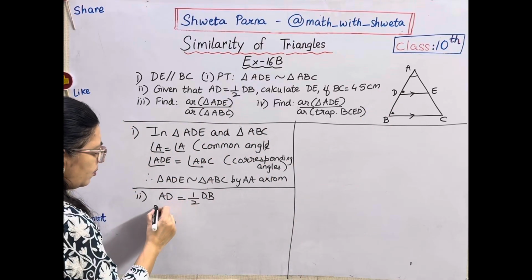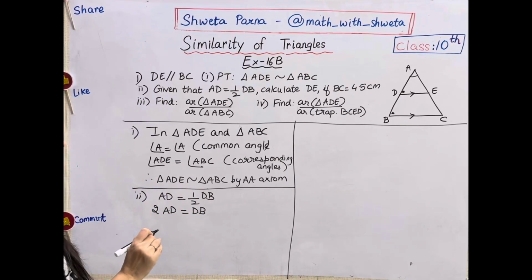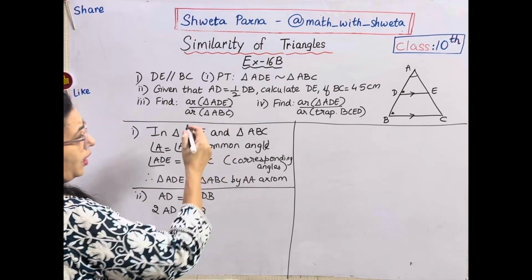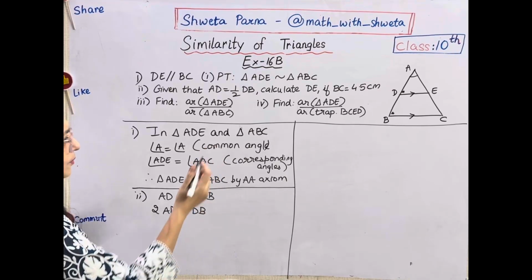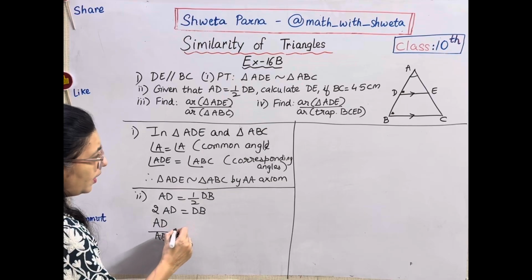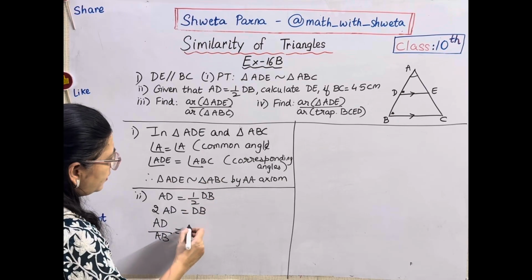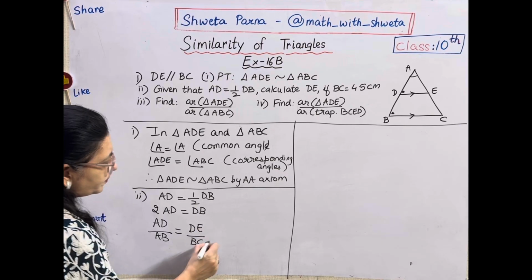So this will become 2AD is equal to DB, correct? Since the triangles are similar, I can use the basic proportionality theorem, which says AD upon AB is equal to DE upon BC.